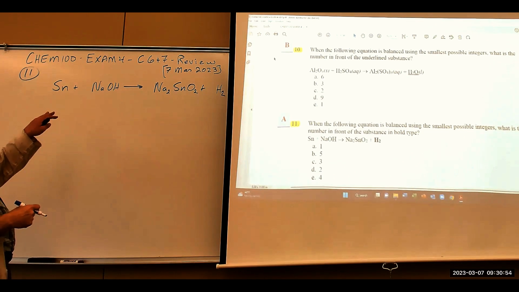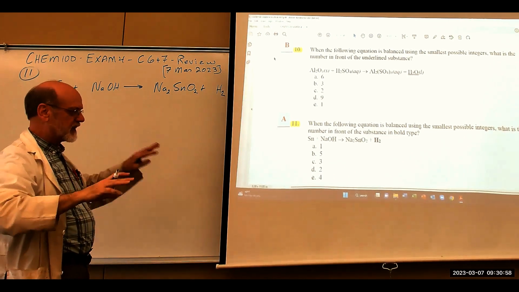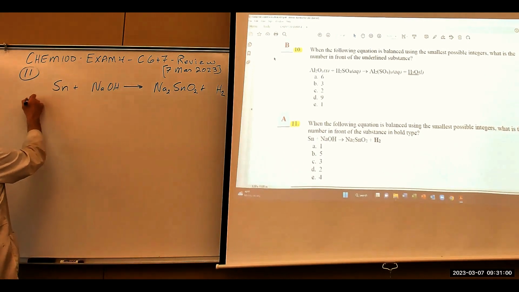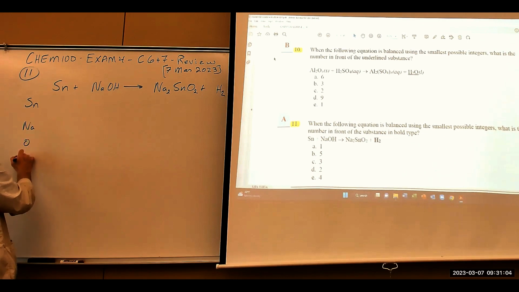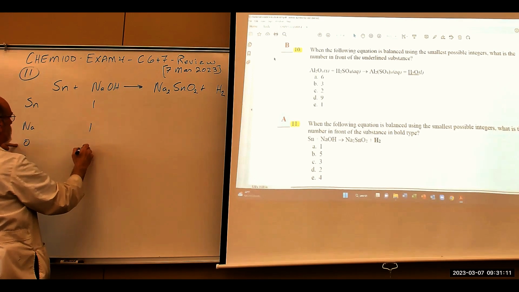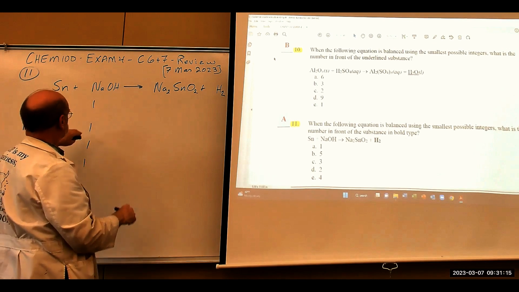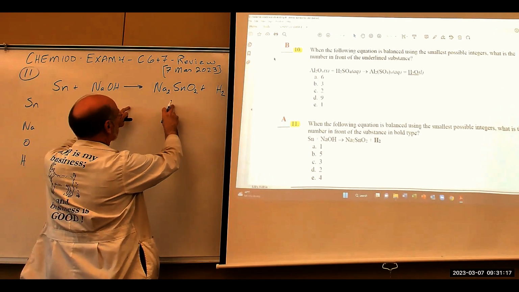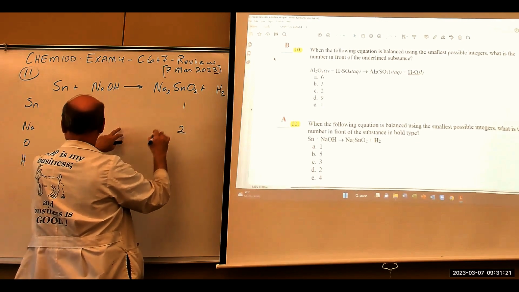And it looks like we probably ought to do the budget to keep things from getting messed up. So we got tin, sodium, oxygen, and hydrogen. Okay, got 1 tin here, 1 sodium, 1 oxygen, 1 hydrogen. On this side, we have 1 tin. Sodium, we have 2.